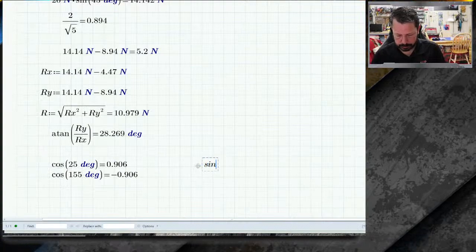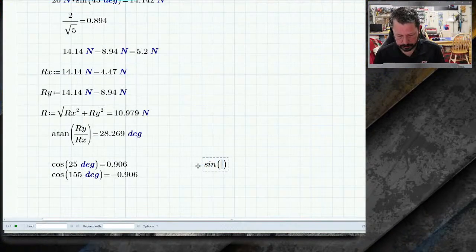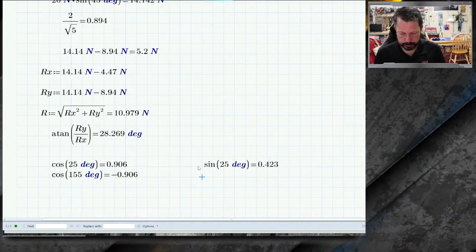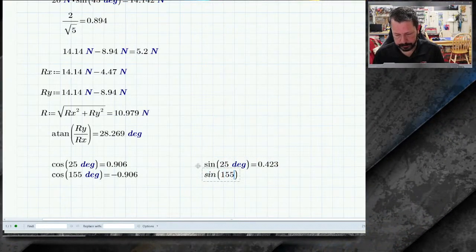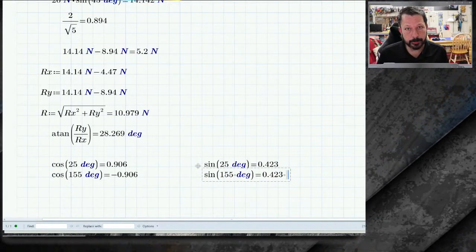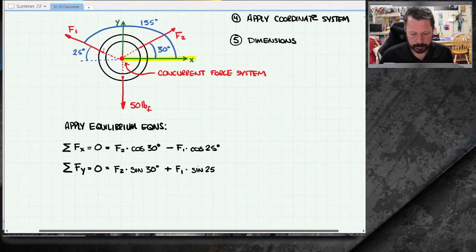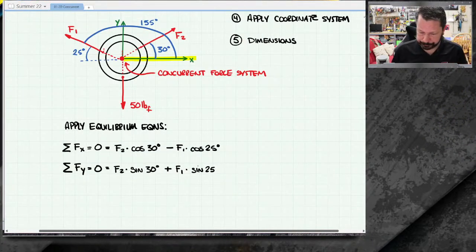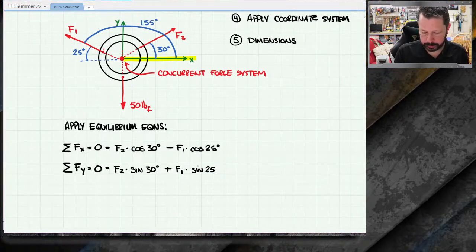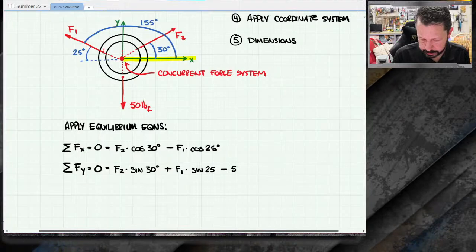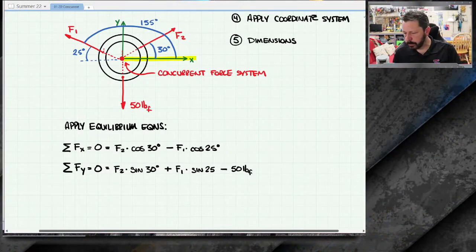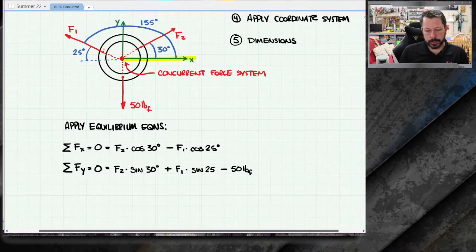Sine of 25 degrees is 0.423. Sine of 155 degrees is 0.423. So they're both positive in that case, which works out. Also, in the y direction, I've got the 50 pounds. So minus 50 pounds.